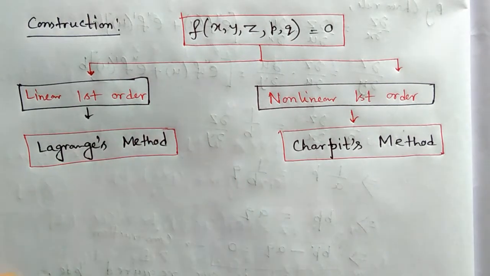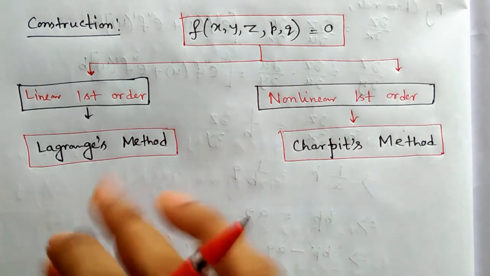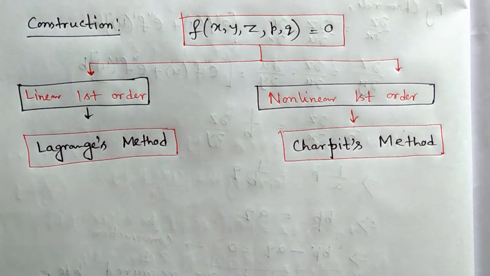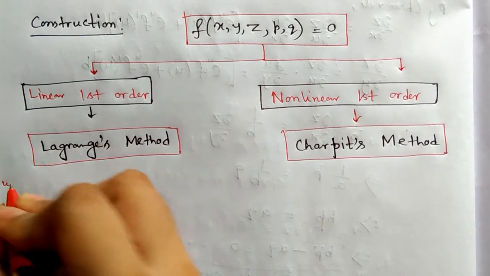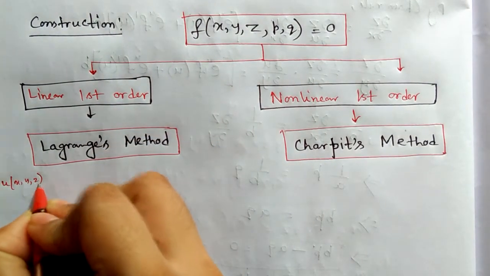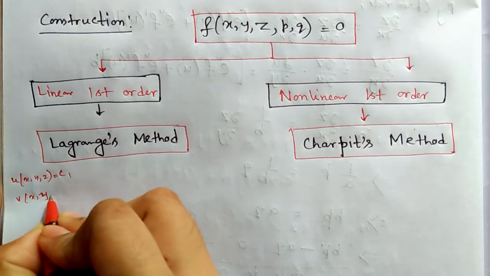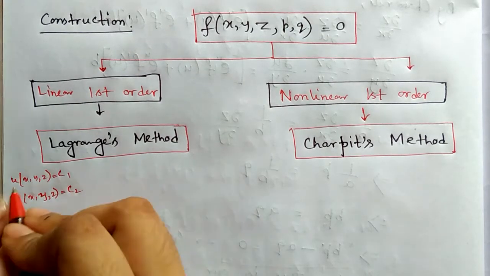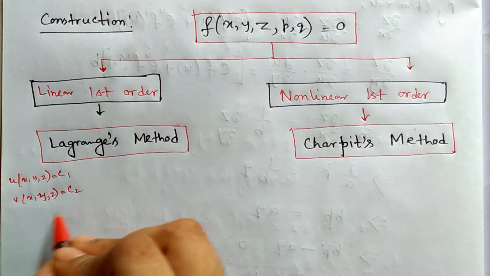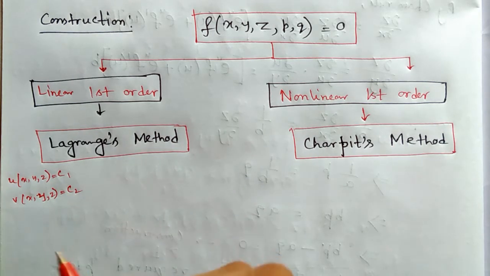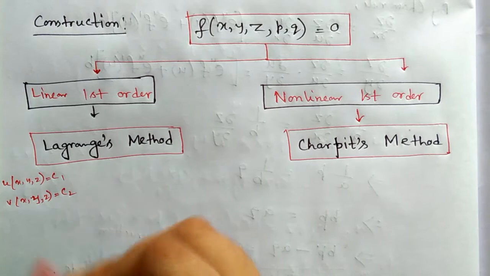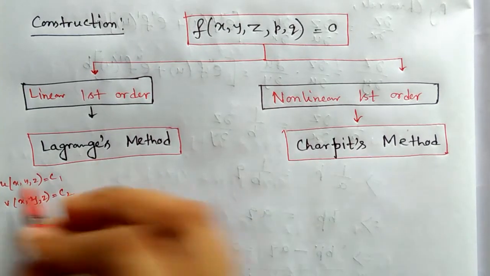Now in Lagrange's method, at first we have to write the Lagrange's auxiliary equations, and then by solving these auxiliary equations we get two independent solutions. Suppose the two solutions are u of x, y, z equal to c1 and v of x, y, z equal to c2.